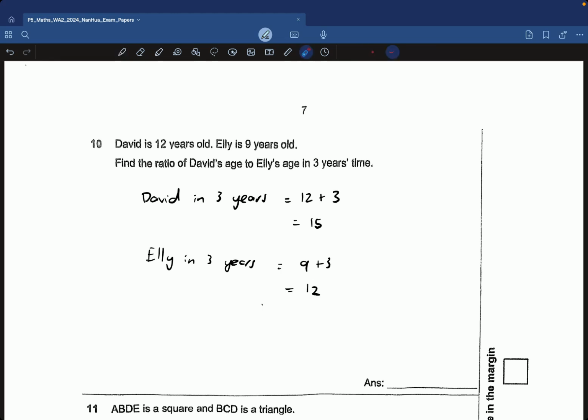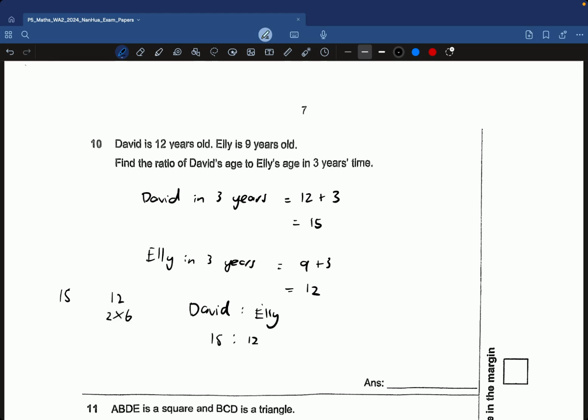So now we want to know David and Ellie. So David's ratio to Ellie is equal to 15 is to 12. And what is the common smallest factor between 15 and 12? So 12, we can divide by 2 times 6.